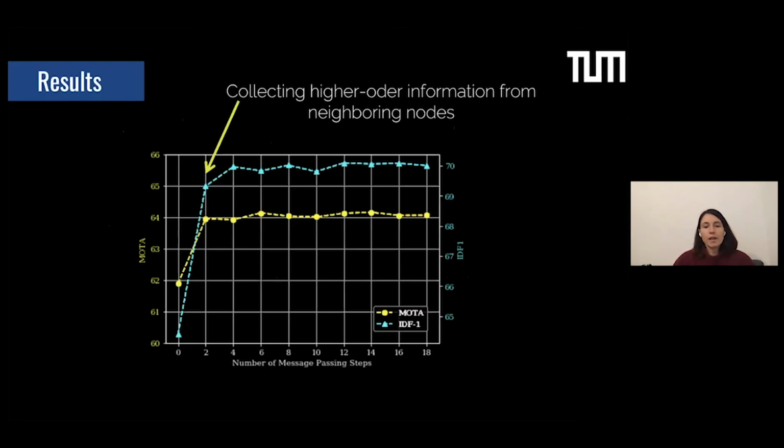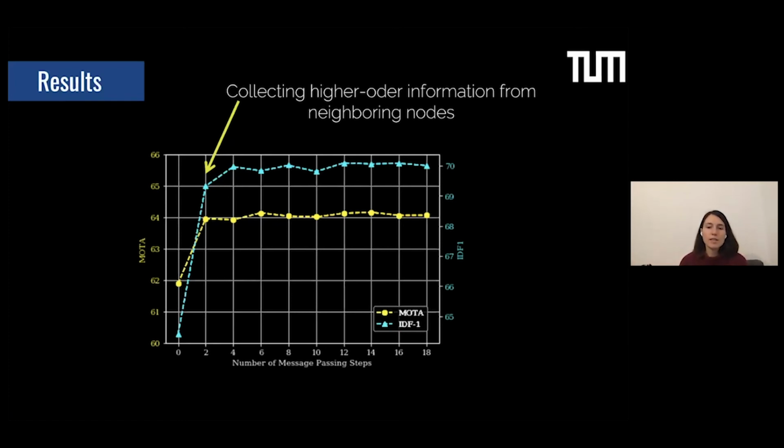And here what I'm plotting is quite an interesting graph in which we observe how the accuracy evolves as we use more and more message passing steps, right? Do we need to use 100 message passing steps, or are 2 or 3 enough?